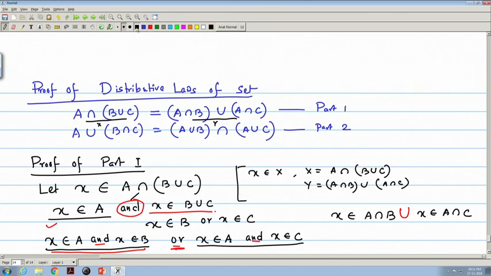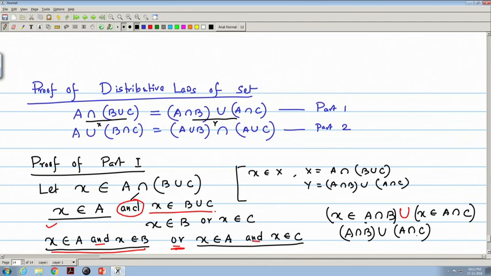So, now what do I get? x belongs to (A intersection B) union (A intersection C).